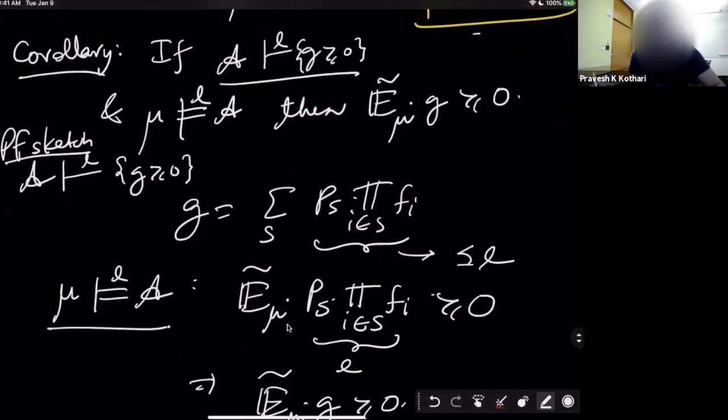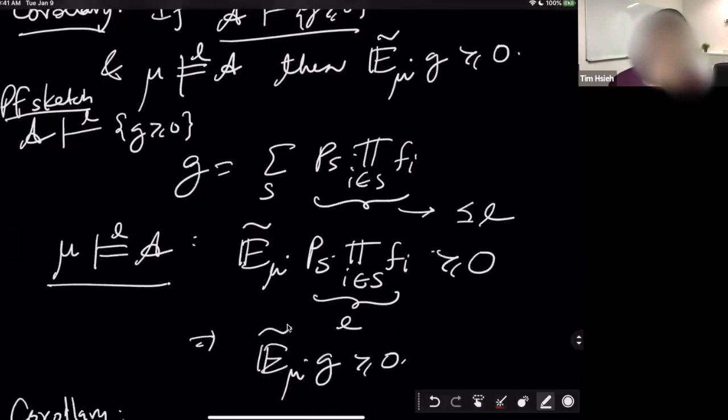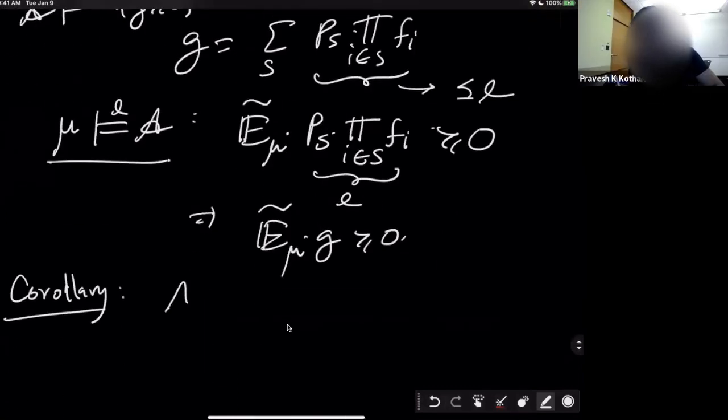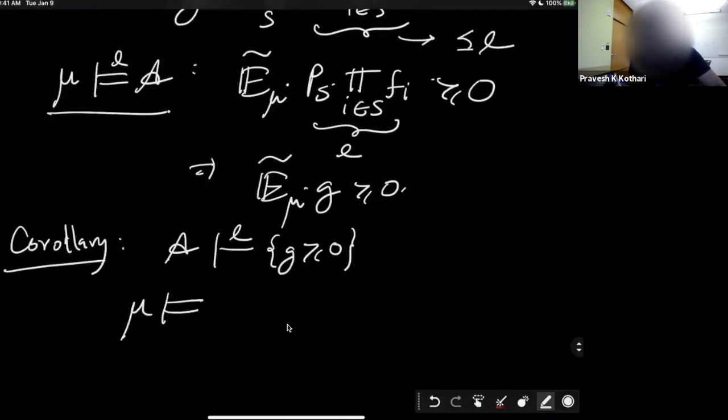Okay. So that's a different statement than what I was going for, but I'll write that too, just because this is somewhat confusing. Suppose A derives G bigger than or equal to 0 at degree L. Suppose mu is a degree D pseudo distribution that satisfies A at degree 0.